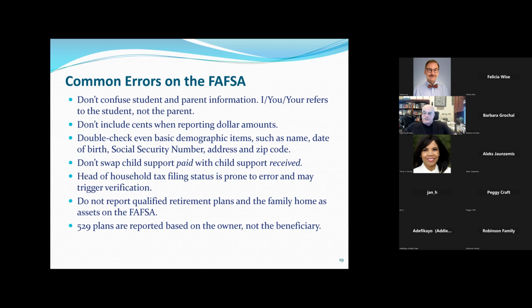If you enter cents on the FAFSA, you will increase the dollar amounts by a factor of 100 because the FAFSA ignores decimal points. So if you enter $100.01, that's like $10,001.